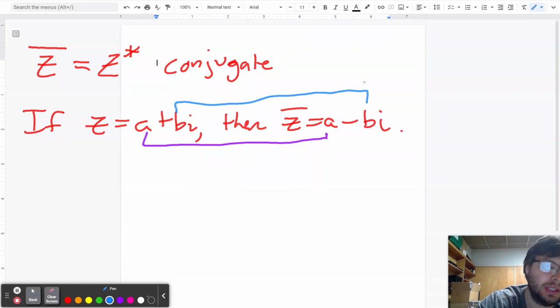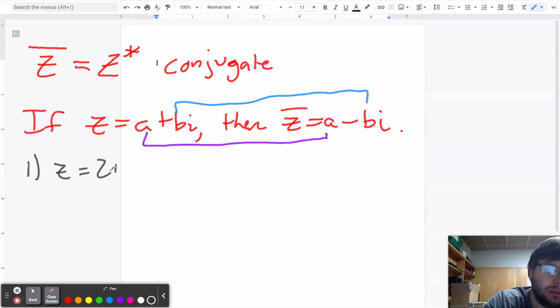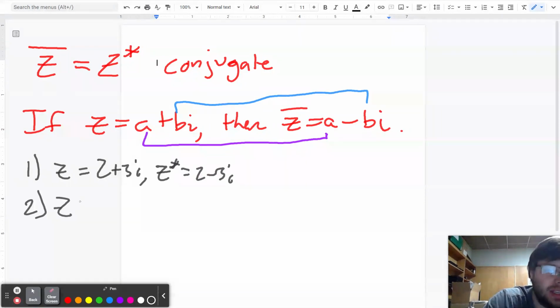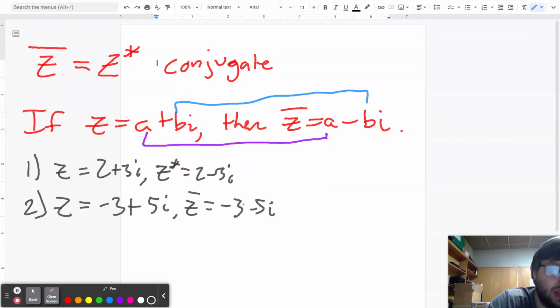So just as a couple quick examples, if z is equal to 2 plus 3i, then the conjugate is 2 minus 3i. If z is equal to negative 3 plus 5i, then the conjugate is negative 3 minus 5i.